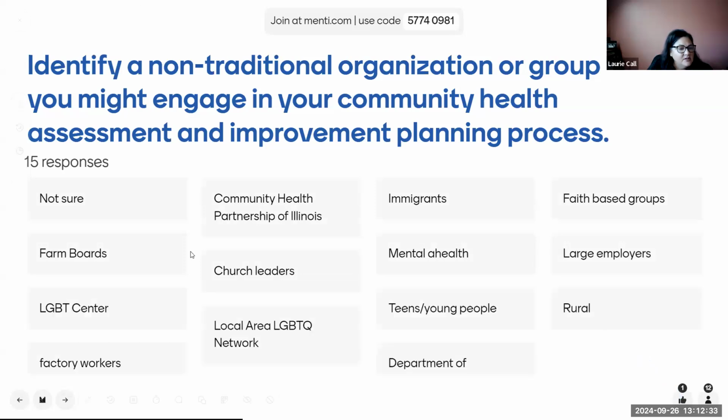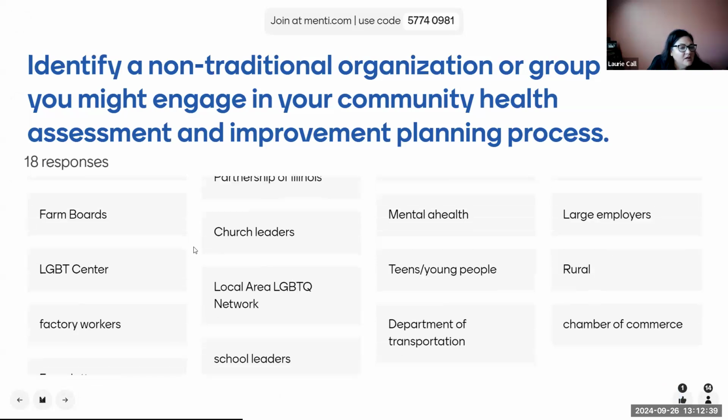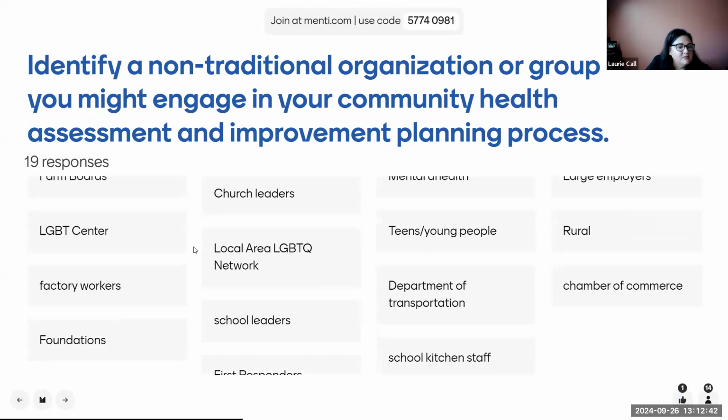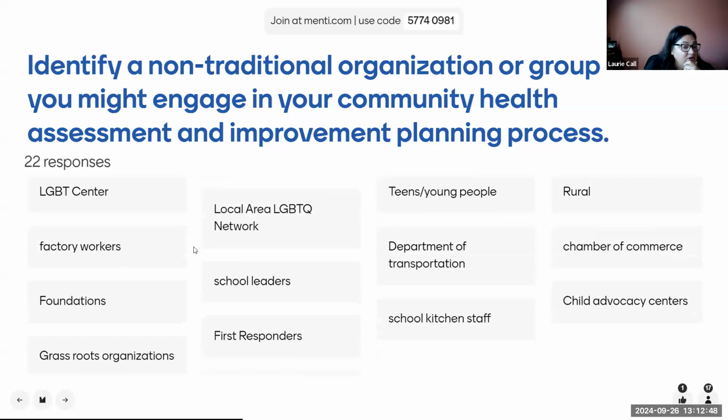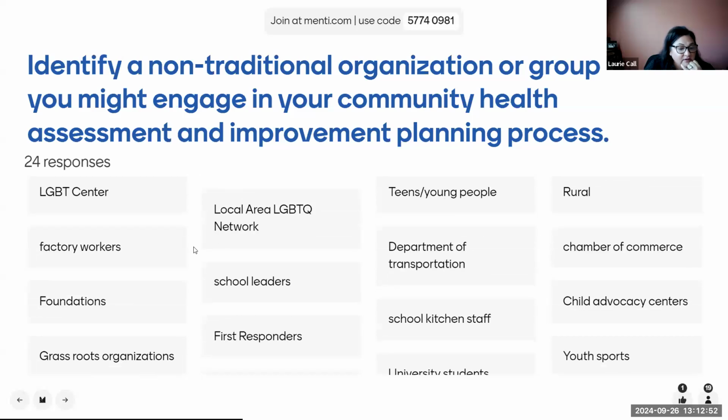Immigrant faith-based groups, Community Health Partnership of Illinois, farm boards, LGBTQ Center, church leaders, mental health, teens, young people, rural, Chamber of Commerce, Department of Transportation, school leaders, first responders, school kitchen staff, love it.